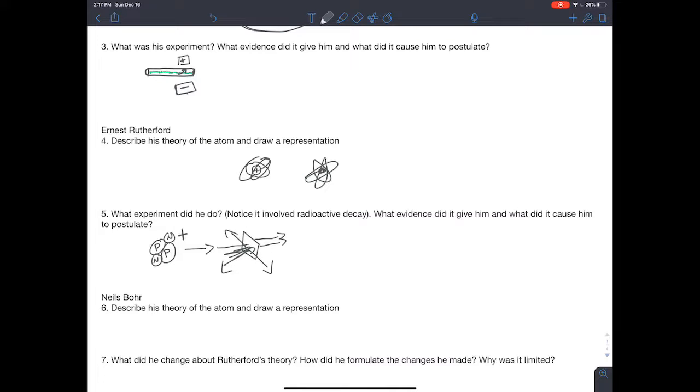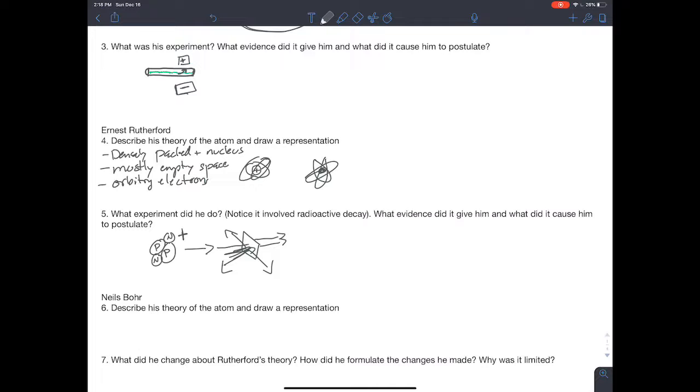So he said that it was mostly empty space with a densely packed positive nucleus, mostly empty space, and orbiting electrons. Okay, so this is getting on track to what we still believe today.